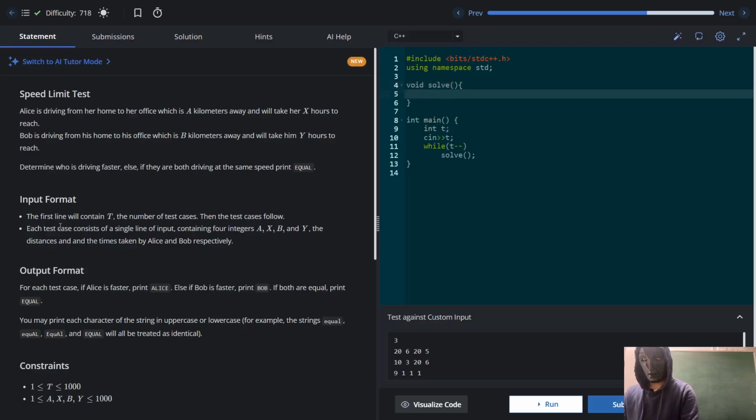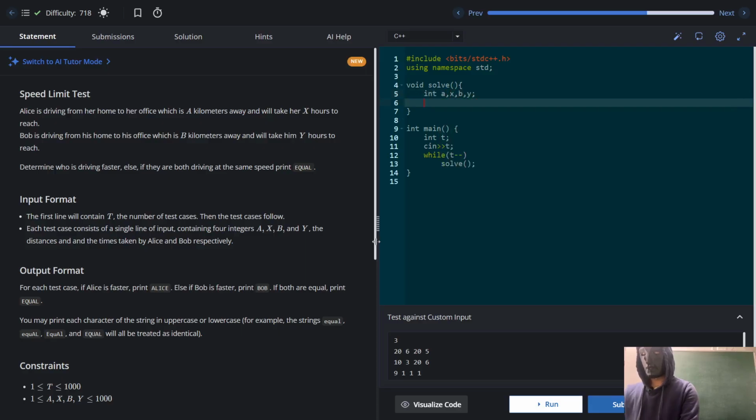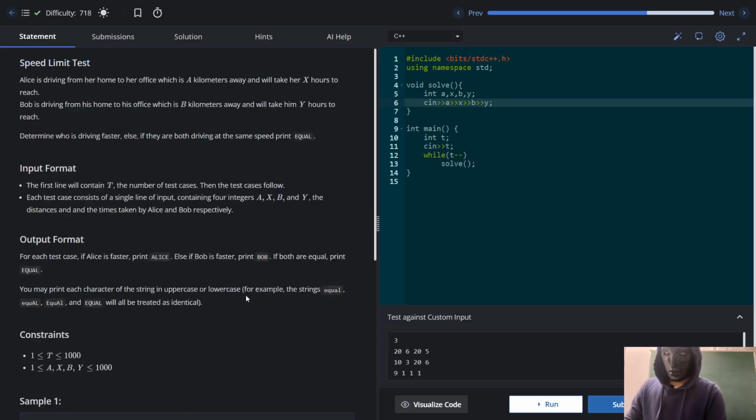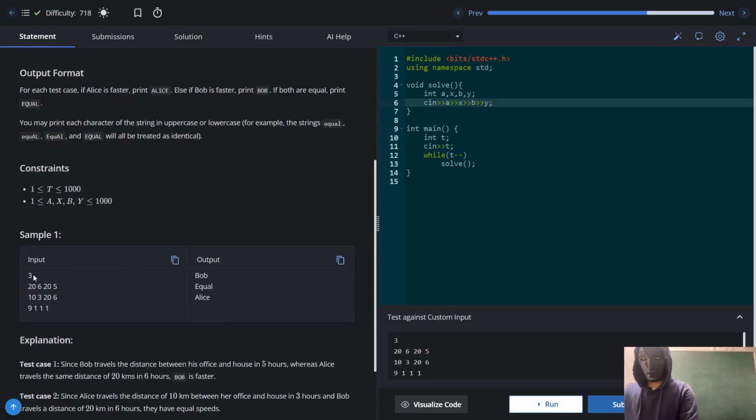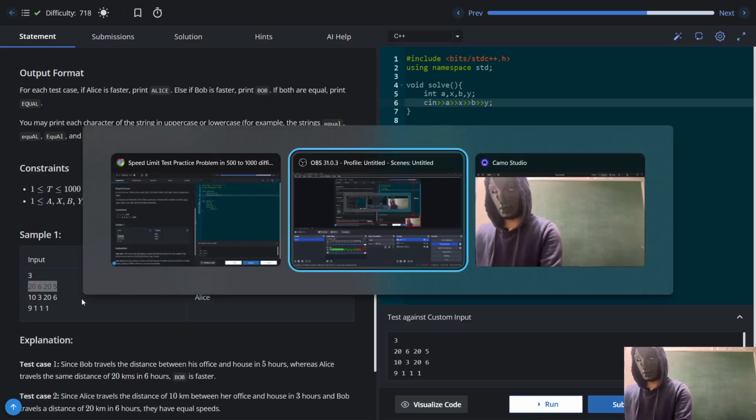What they have given is that each test case consists of a single line of input containing 4 integers a, x, b and y. So let's take their values a, x, b and y. Yeah, they've given 3 test cases. Let's understand the first one, 20 6 20 5.